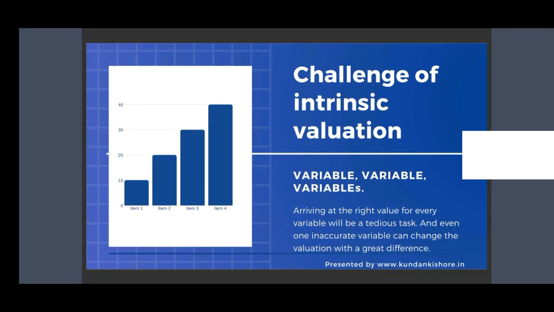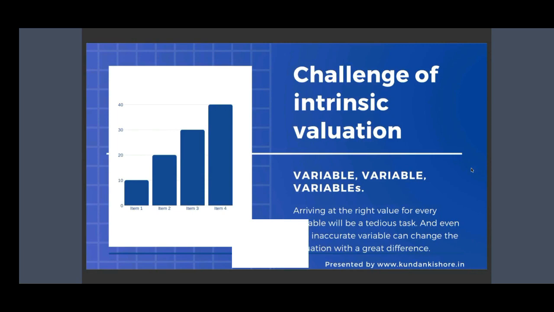It could be depreciation, it could be constant growth, it could be the number of years till the time this company is going to sustain or generate at the same rate. It could be the exchange rate consideration which you have taken. So many variables will be there, and these variables are the real challenges of intrinsic valuation. Arriving at the right variable is quite a task for you and for everyone.